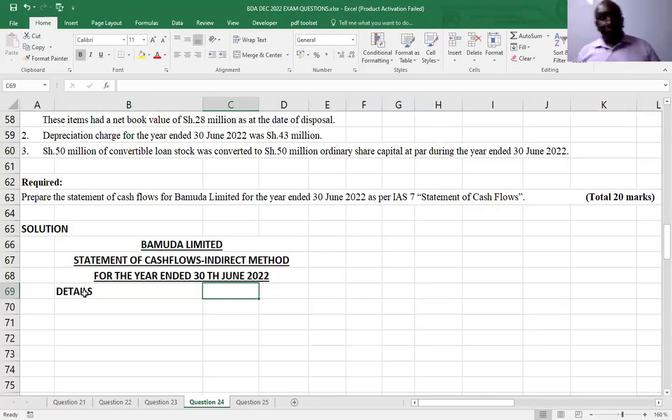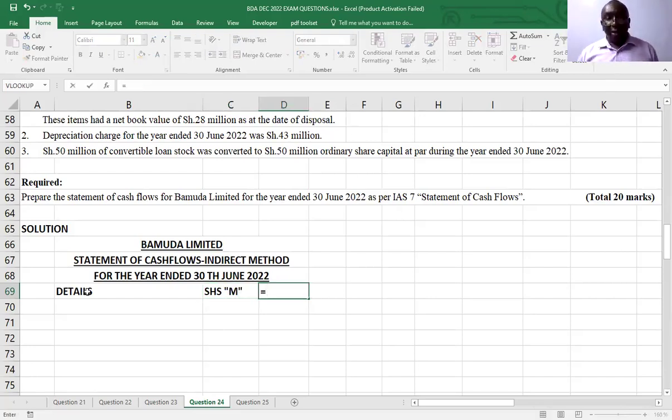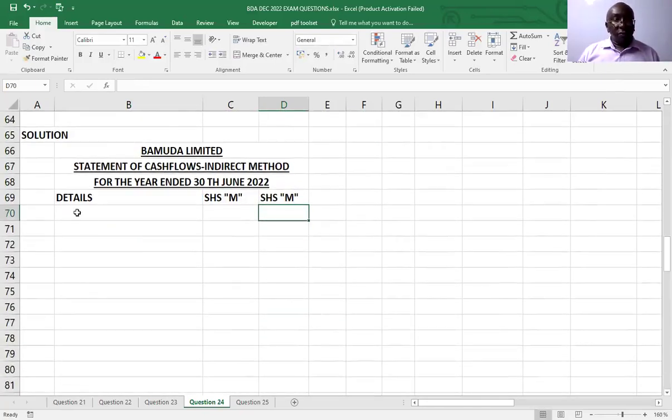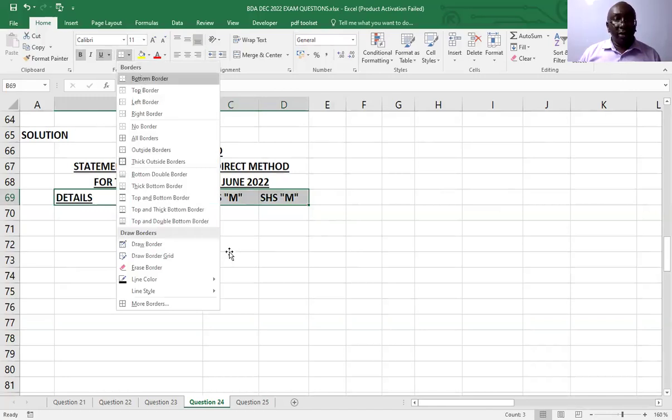Then here I'm going to have shillings in millions. And the same case here, shillings in millions. Another line. I can give everything a bottom border.